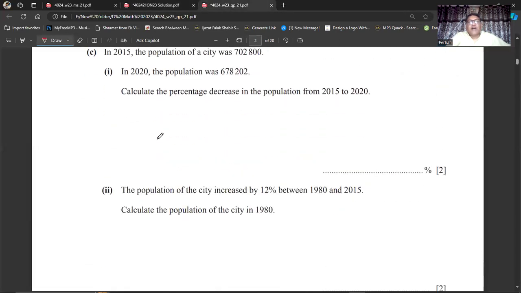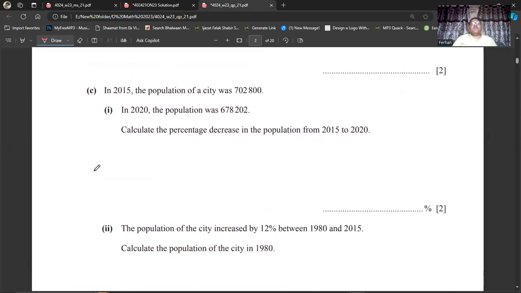So question number 1, part C. He says in 2015, the population of a city was 702,800. In 2020, the population was 678,202.